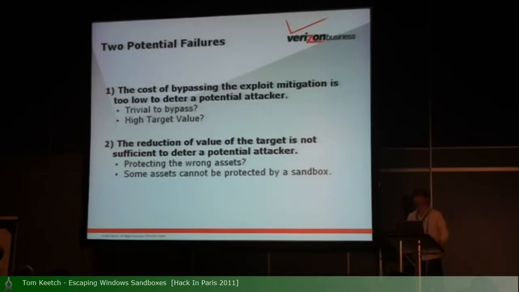Firstly, we can bypass the exploit mitigation, and that's going to have some variable costs associated with it. But if the exploit mitigation is trivial to bypass, we just have to modify our attack slightly, and it will work just as it did before, so it won't be dissuading any of our attackers. Or it could be that what we're trying to protect has such a high value that these kinds of exploit mitigations aren't really effective, because although they're making it harder, they're not necessarily dissuading attackers from going after these systems.